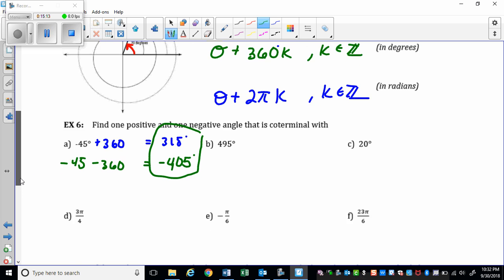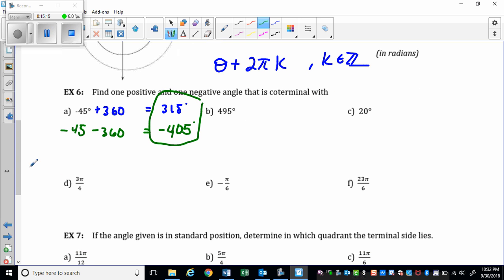Let's try one with pi, because those are going to be more difficult. Let's try this one. 3 pi over 4 plus 2 pi? Well, I need a common denominator when I'm adding fractions. So I'm going to add 8 pi over 4, because isn't 8 over 4 going to give me 2 pi? So I'm just multiplying the numerator and the denominator by 4, and that would give me 8 over 4.